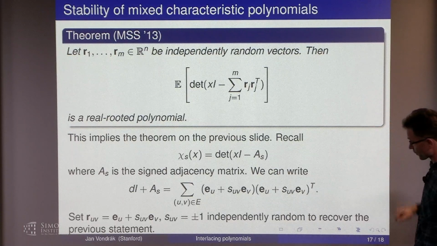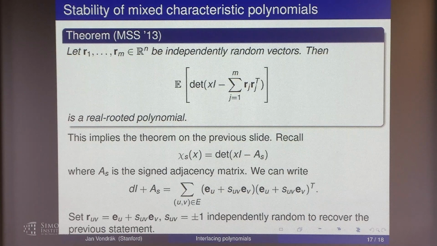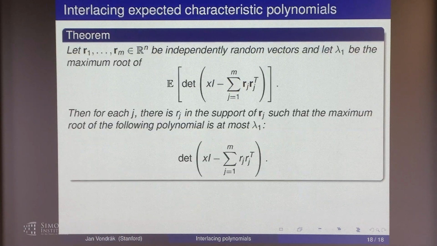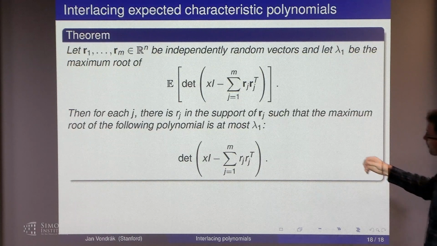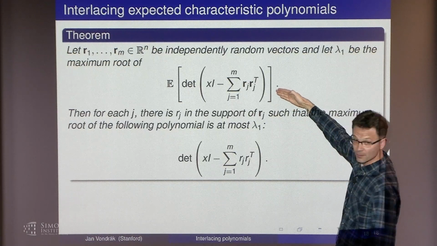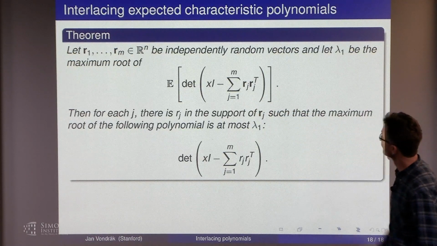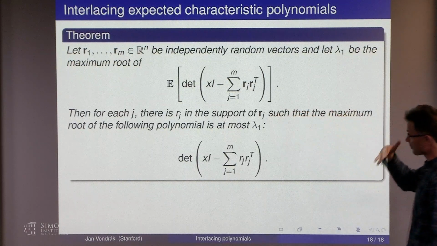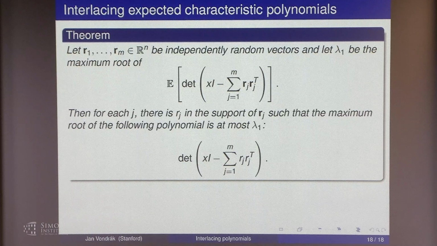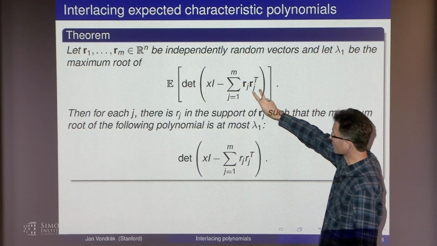But this theorem is much more general. So here's what you can say, actually, more generally. You can say for any collection of independently random vectors, if you know the maximum root, or an upper bound on the maximum root, of this mixed characteristic polynomial, this matrix obtained by random summation of random rank 1 matrices, then there exist deterministic choices for these random vectors.